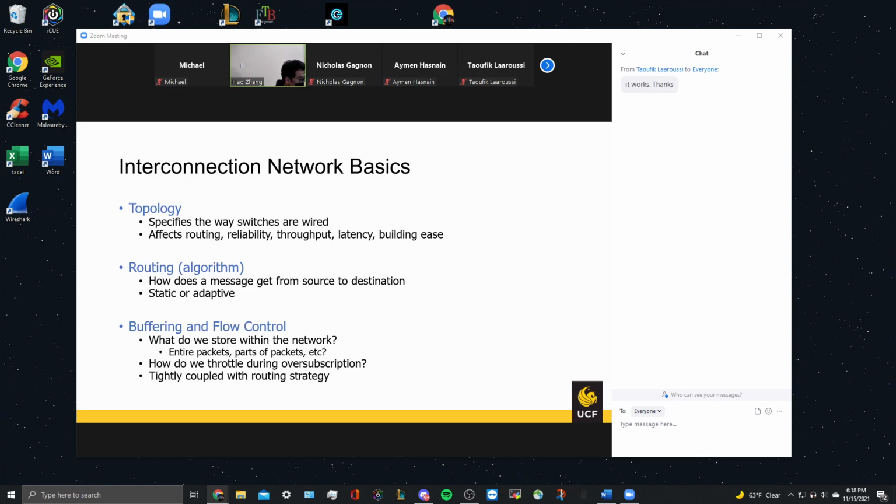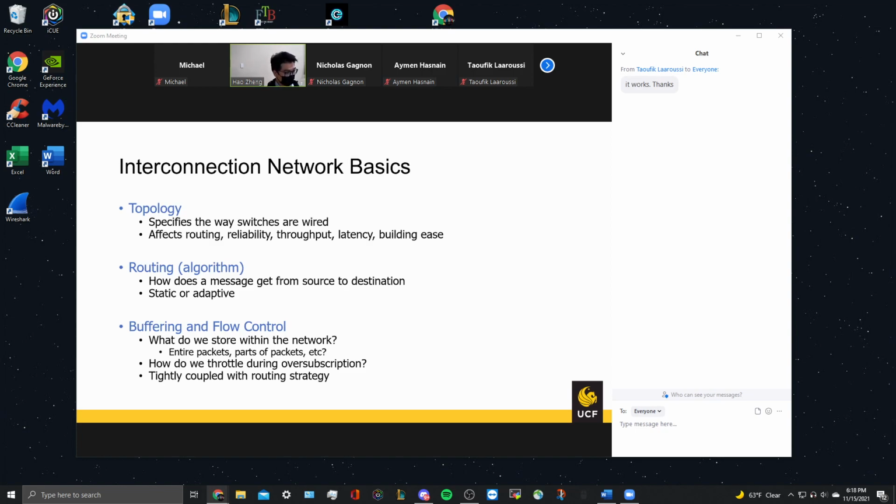And once you design this kind of floor plan or road plan, it will affect the routing, reliability, throughput, latency, and many other things, right? Because how many lanes you design for one road will determine what? The throughput, right? And which kind of roads are connected or built will affect the routing, right? So this is the fundamental of an interconnection network.